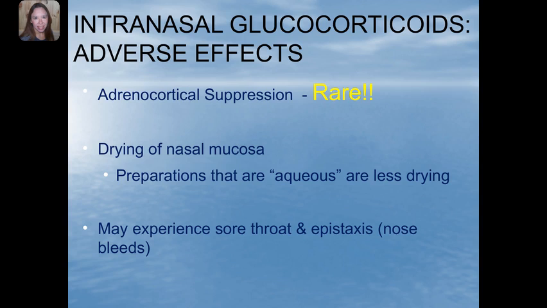And now we have a patient that their nose is really dry. The good thing is preparations or medications that are aqueous, if they have fluid in them, they are going to be less drying. So we shouldn't see this a whole lot when we are giving the intranasal glucocorticoids.